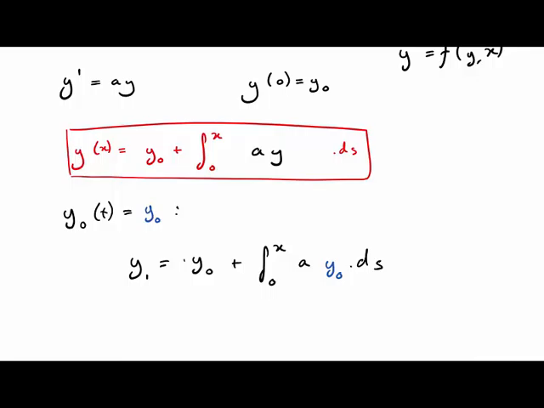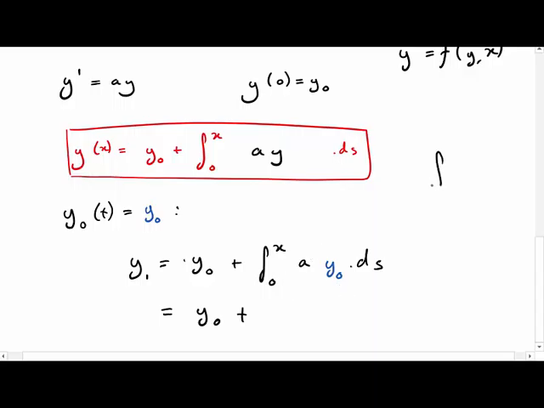Well, y0 is just some value, right? So we're going to have y0, which remains the same, plus, what is this integration? It's basically a times some value, so a is just some value, y is just some value. What we need to do is integrate that, so you can just treat this as a constant, effectively, with respect to s.